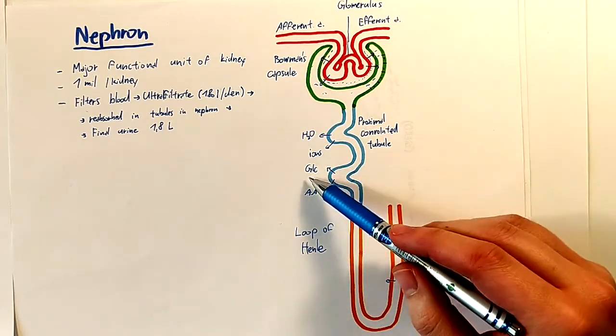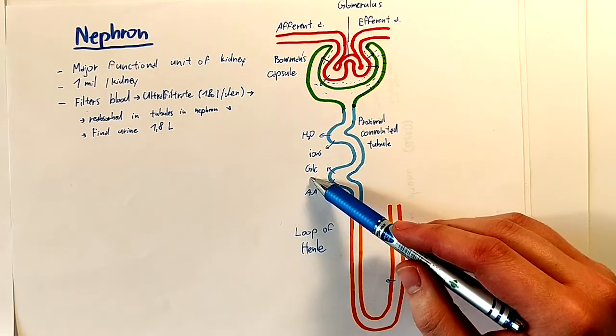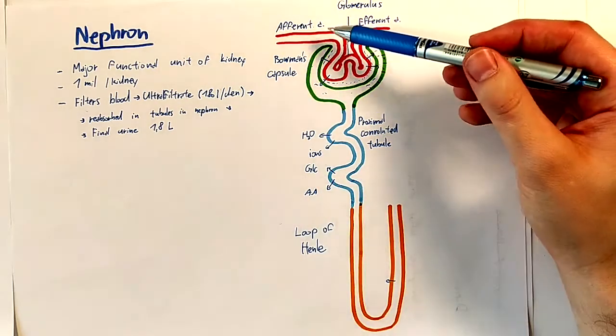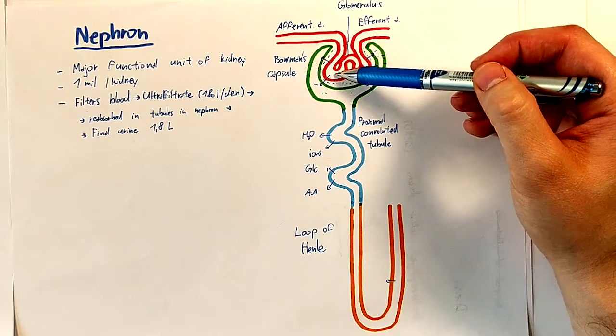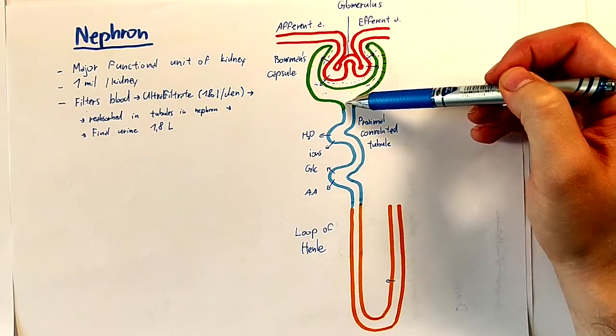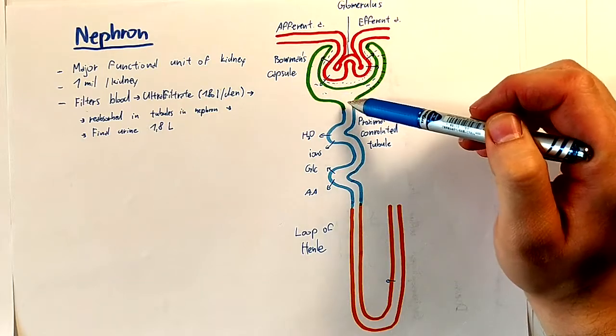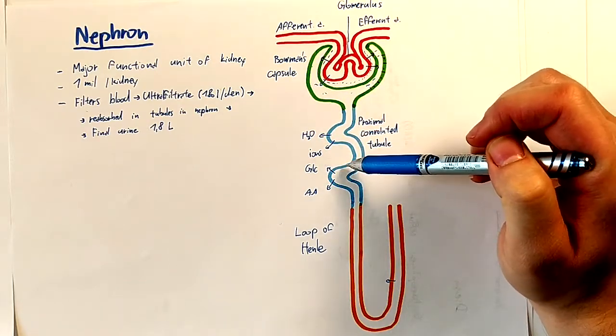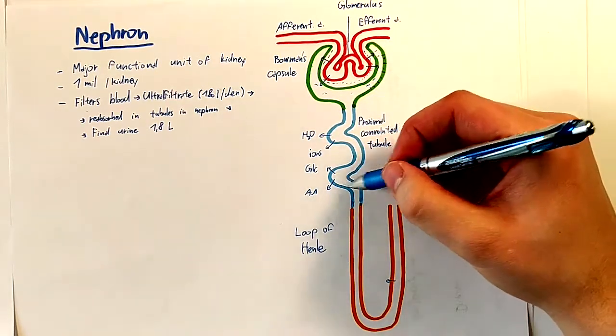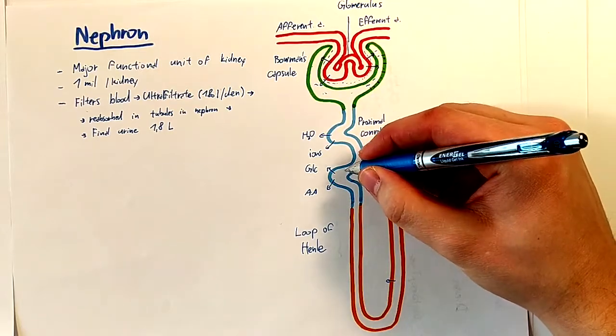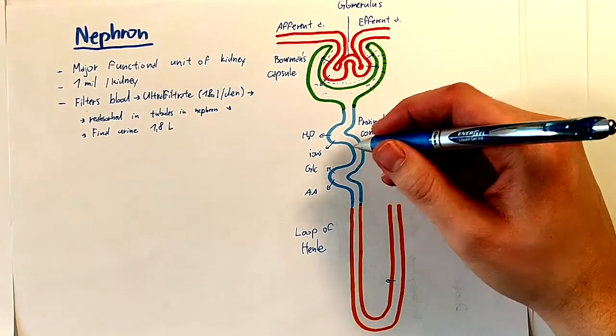A notable exception are people with diabetes, because they have so much glucose in their blood that they have a very high amount of glucose inside the nephron, such a high amount that the transport proteins cannot keep up, and they just cannot absorb all of that.